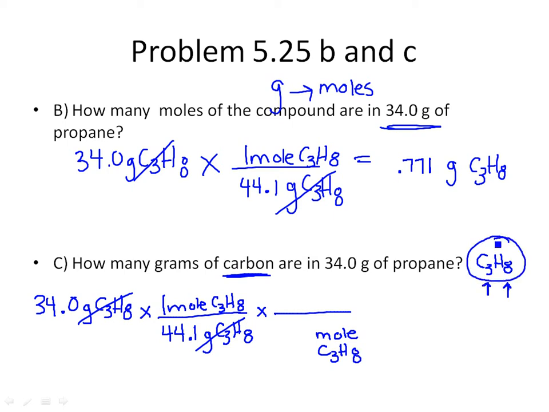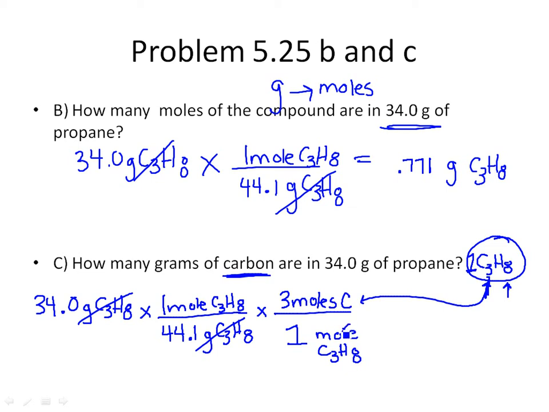We would say that in 1 mole, considering this whole molecule to be 1, in 1 mole of propane, we have 3 moles of carbon. Where does 3 come from? It comes from the formula.